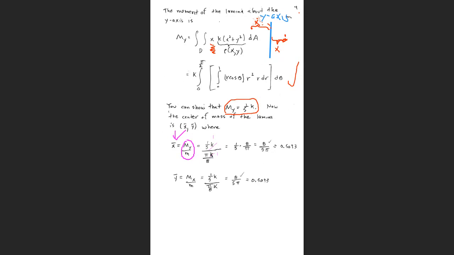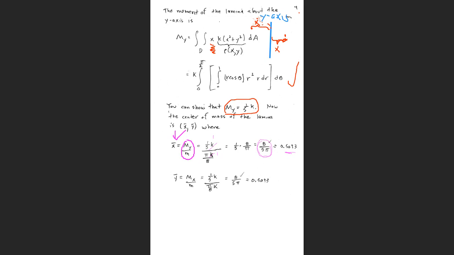And so x bar is 8/5 pi. This is the answer that WebAssign is going to want, but I'm writing 8/5 pi as a decimal because I want to go back to the picture and point out where x bar is. So 8/5 pi as a decimal is 0.5093.